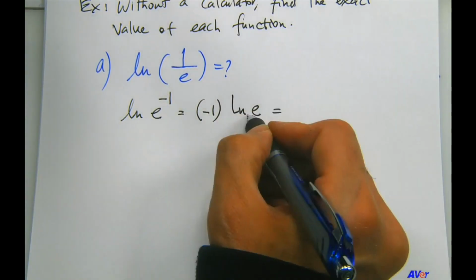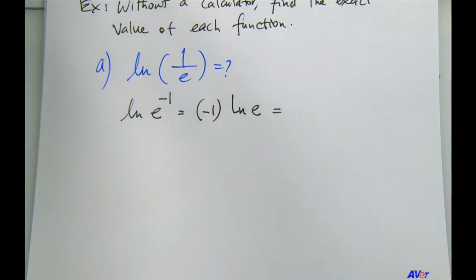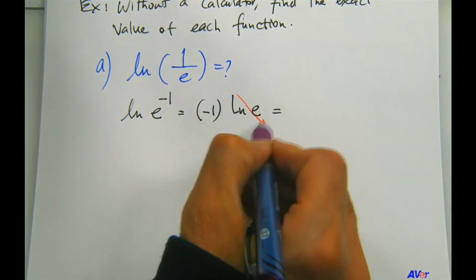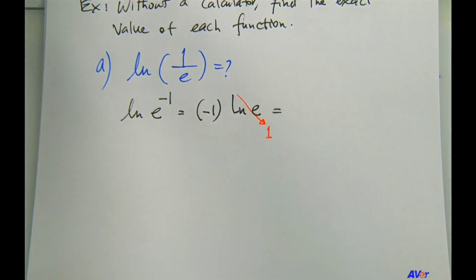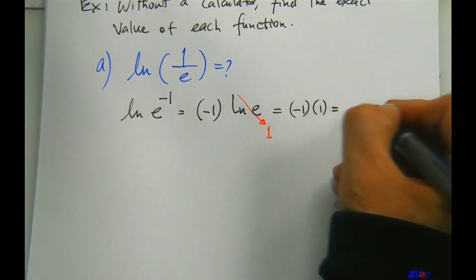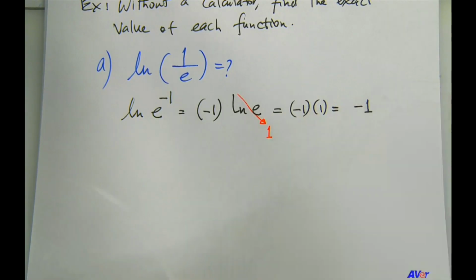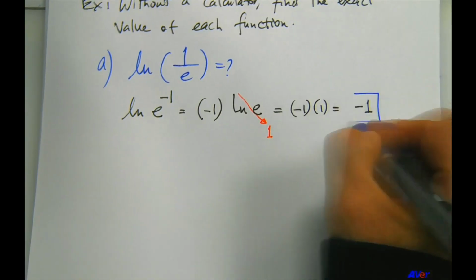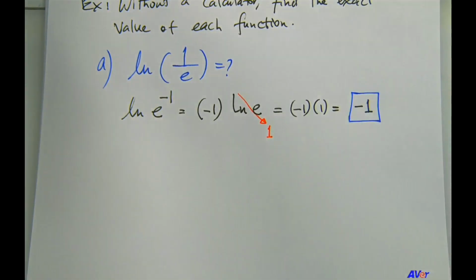But we know natural log of e is 1. So minus 1 times 1 is equal to minus 1. Okay, so that was an easy one.